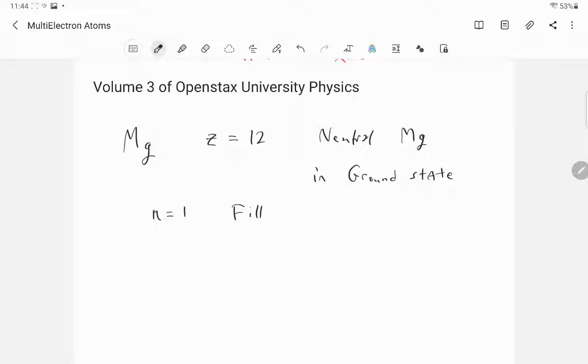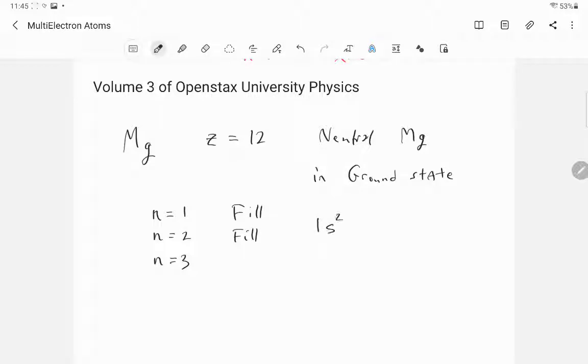So we have electrons occupying all the possible quantum number combinations that have n equals 1. N equals 2, we fill it. At n equals 3, we can't fill it, right? It only fills the s orbital, but not the p orbital. And so the configuration, right, it's a full n equals 1.